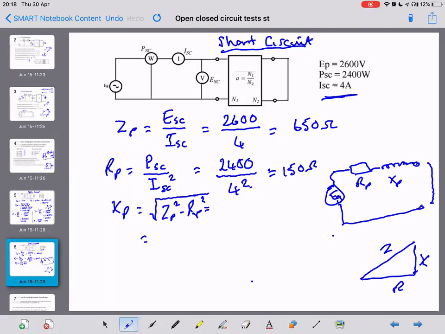That is the root of 650 squared minus 150 squared, which is 632 ohms. So we now know the two separate parts to this impedance: the resistance is 150 ohms and the reactance is 632 ohms.